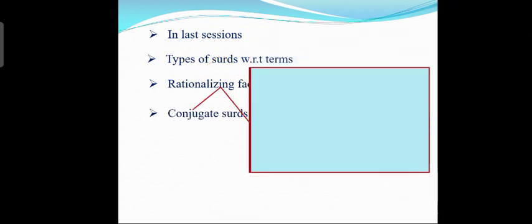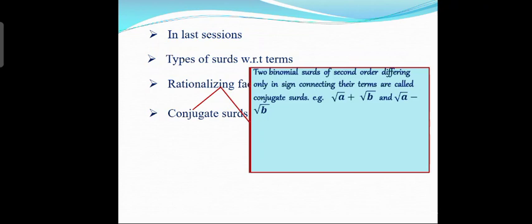Conjugate surds. Two binomial surds of second order, differing only in the sign connecting their terms, are called conjugate surds. For example, square root of a plus square root of b. This is a binomial surd of second order, and square root of a minus square root of b is also a binomial surd of second order.